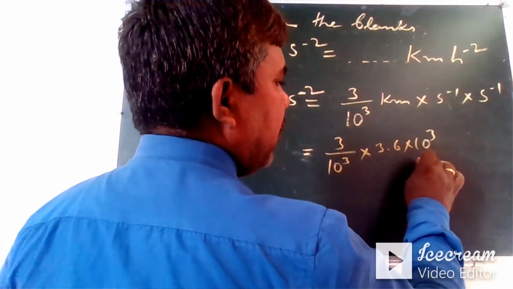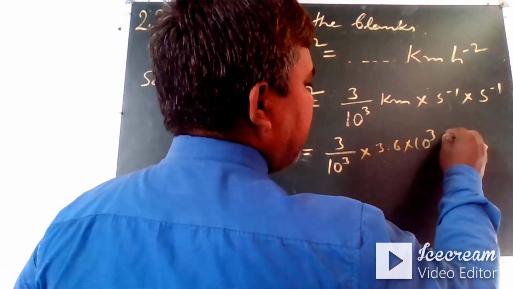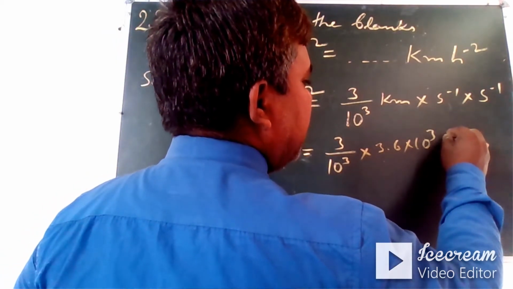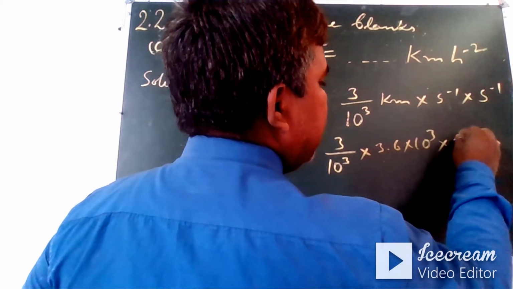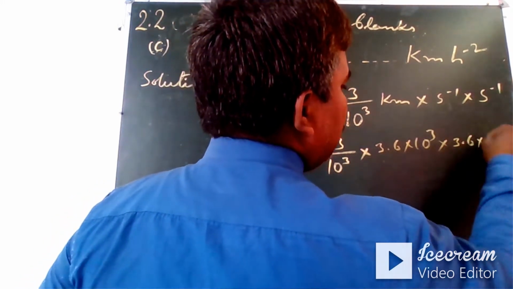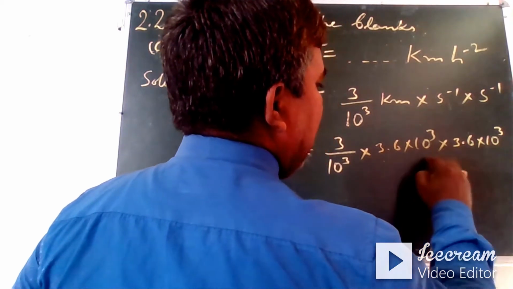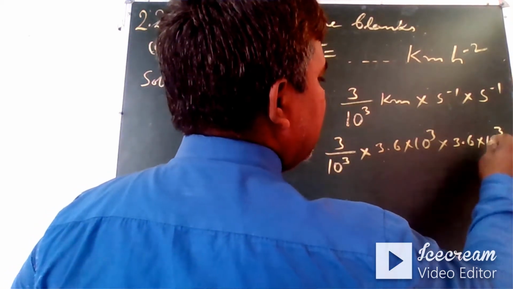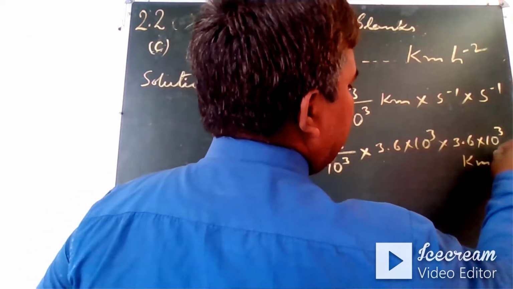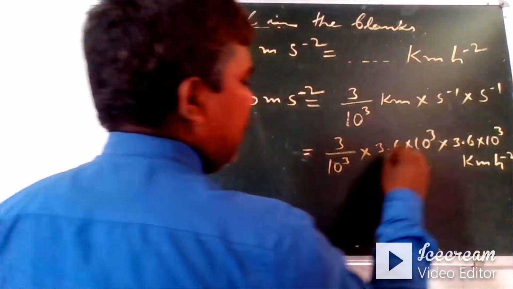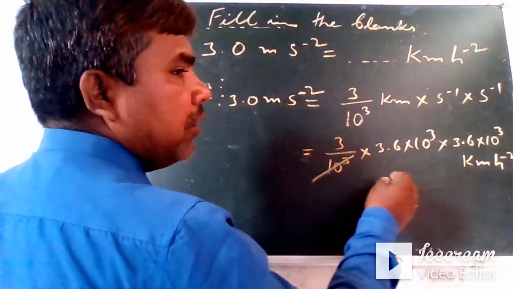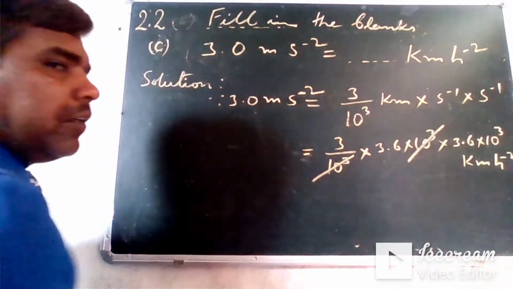It has become hour, and per hour it has become, and again 3.6 into 10 to the power 3. It has become per hour also. It has become kilometer per hour square. Now 10 to the power 3 will be cancelled.